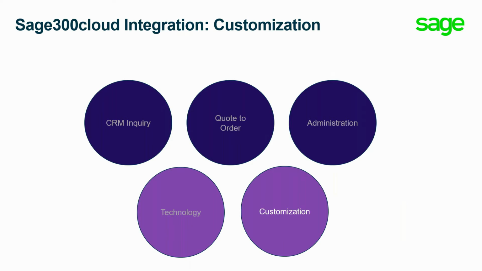There's no coding required, so you're able to add additional connection points. For instance, if you want to be able to have the ability to create an invoice, you can add that functionality easily in there, and the customization of the listings as well. So overall, a dramatic improvement in the integration aspect.